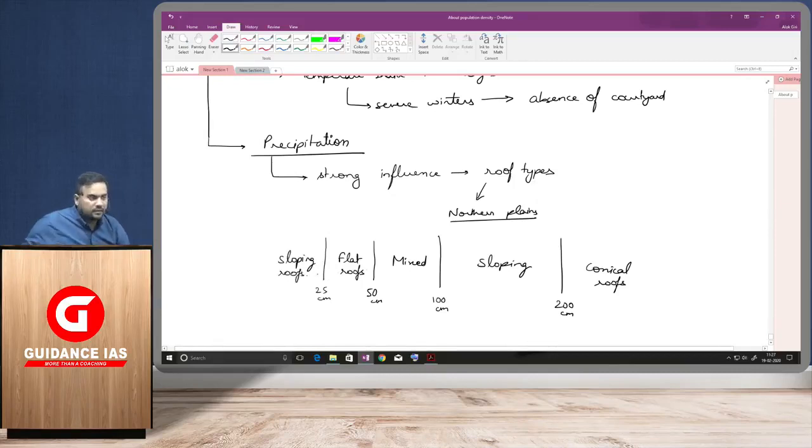In the desert area the sloping roofs would be found so that the sand cannot accumulate over the roof. Thus it tends to become sloping. You can very clearly understand in the Himalayas, again it would be sloping, so that the snow cannot accumulate.